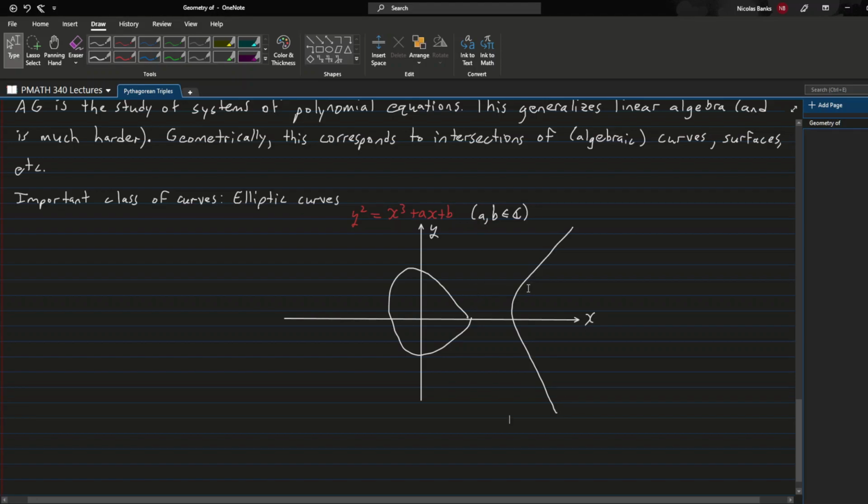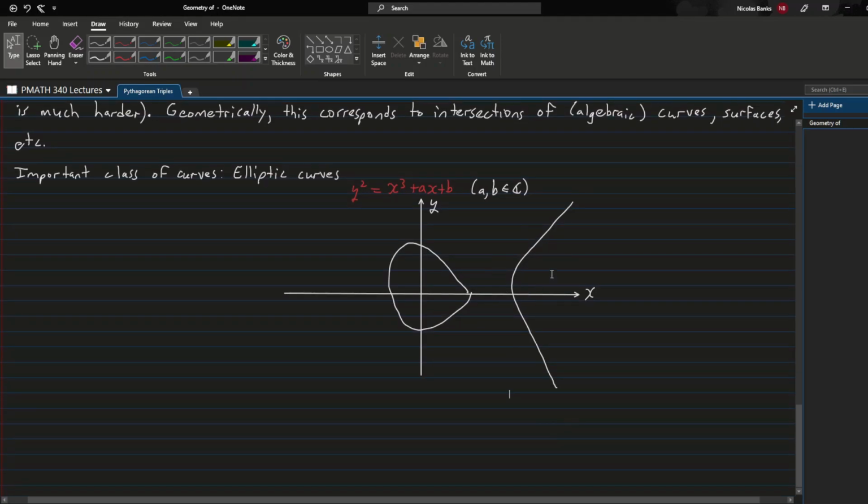Okay, and it has this other part that looks kind of like a sideways mountain or something. Let's call this the curve E, and it's defined by the equation y squared equals x cubed minus 2x plus 1. The exact equation doesn't matter too much, I just thought it looked interesting.